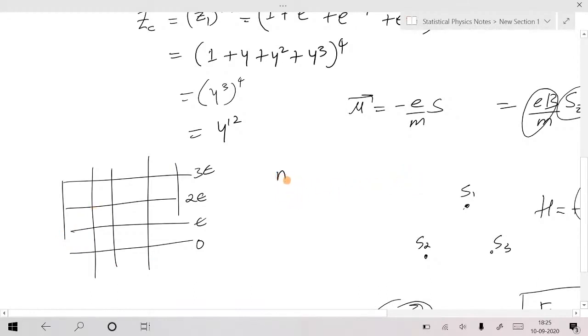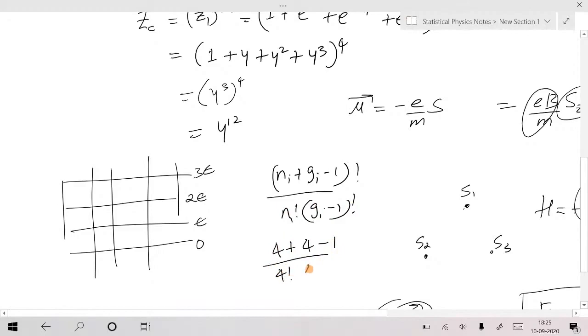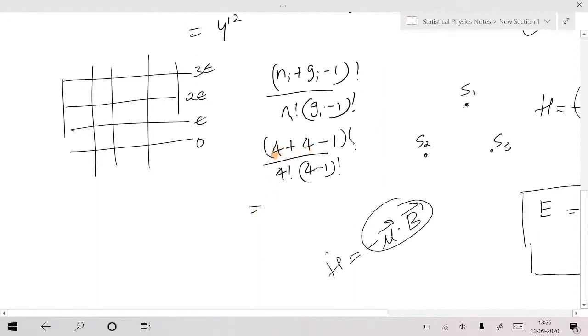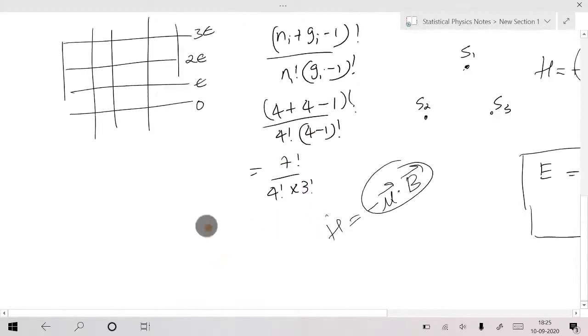What is this? Ni plus Gi minus 1 factorial divided by Ni factorial, Gi minus 1 factorial. The number of particles is 4: 4 plus 4 minus 1 over 4 factorial, 4 minus 1 factorial. That is 7 factorial over 4 factorial into 3 factorial. This is quite huge.